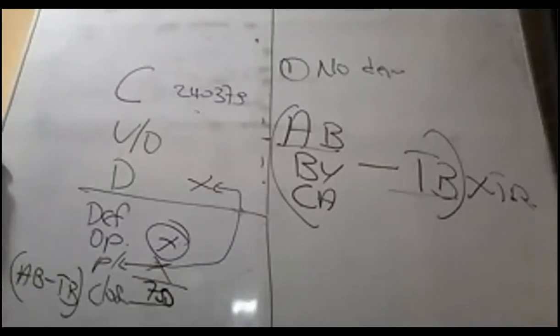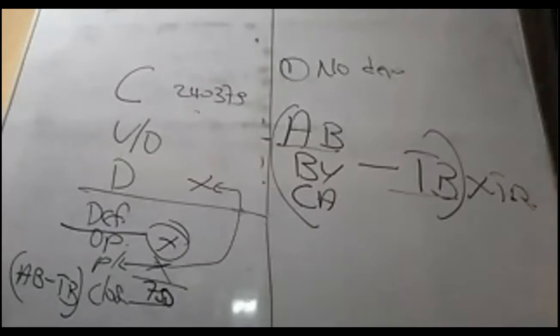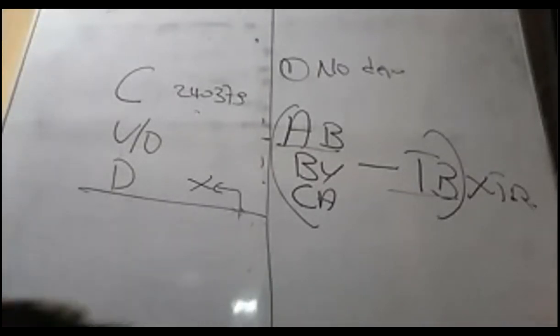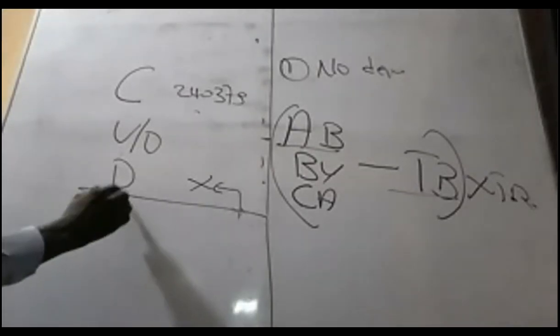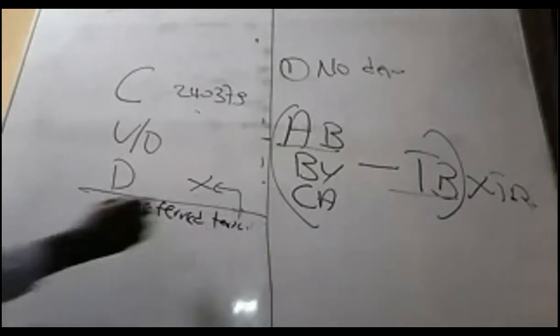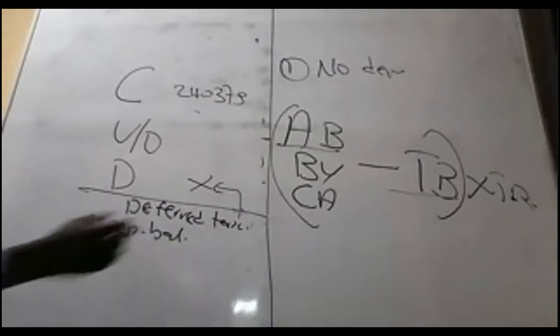Now, the open balance will be in the trial balance. So you go to the trial balance and look for deferred tax. But let me clean everything here and do it well. So the working for deferred tax will be something like this. Tell the examiner that the open balance must be in the trial balance.